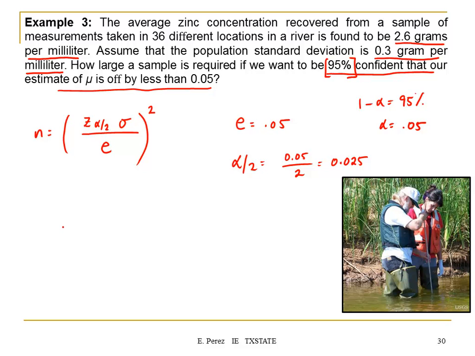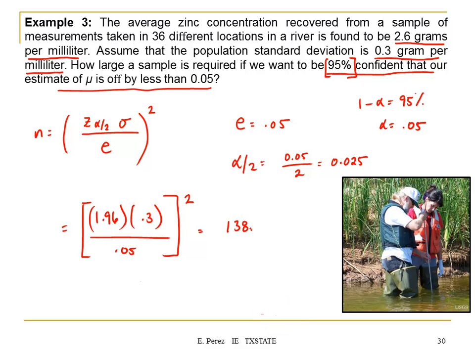So using these values, we can get the z-value from the table, and that will be equal to 1.96 times the standard deviation, which is 0.3, divided by 0.05, and this squared, and that number is 138.3, which we need to round up, is 139. So n will be equal to 139 observations for the sample.